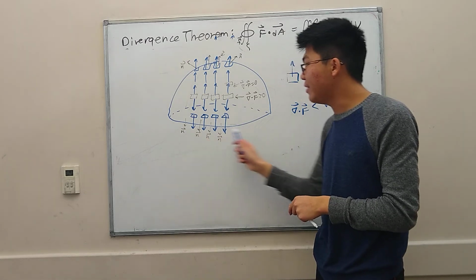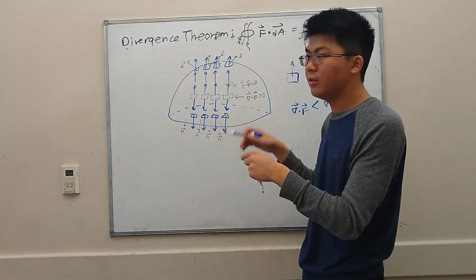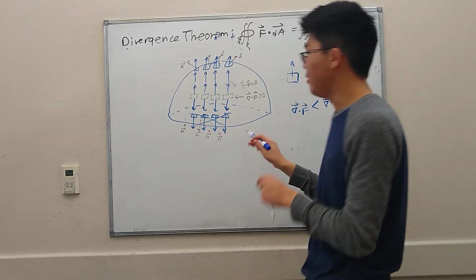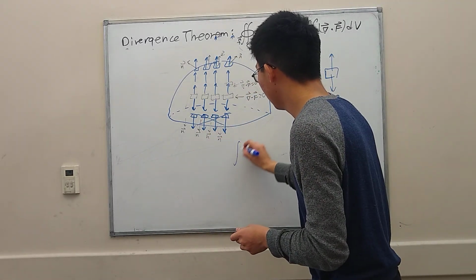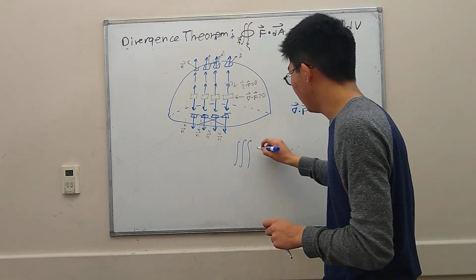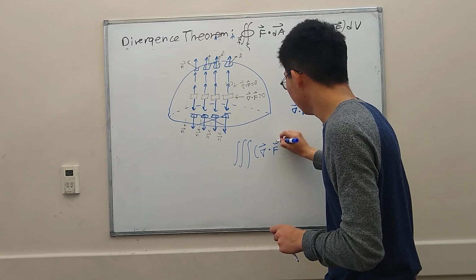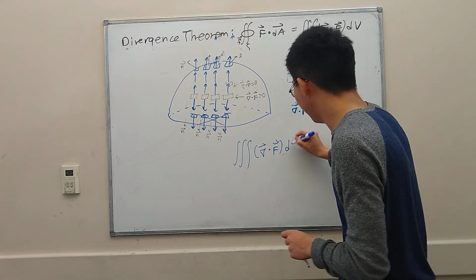But we don't have a disk at the bottom. So we don't have all these little shingles here to take the surface integral of. Let me just cross them out here. And so what's going to happen is our triple integral over the volume dV.